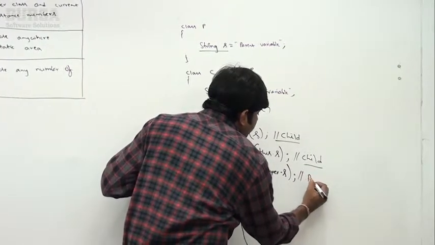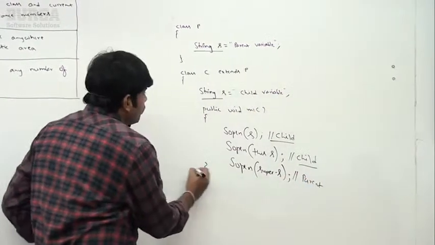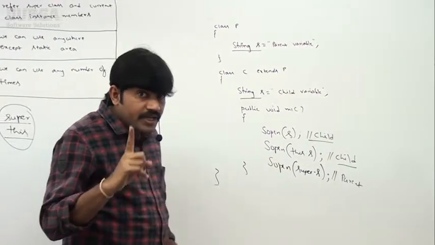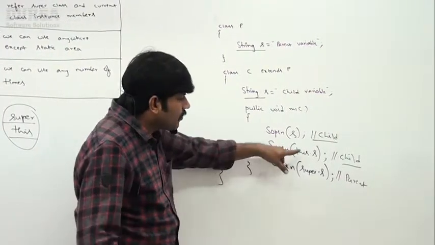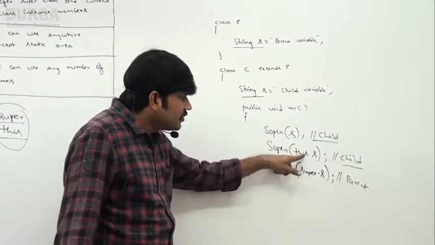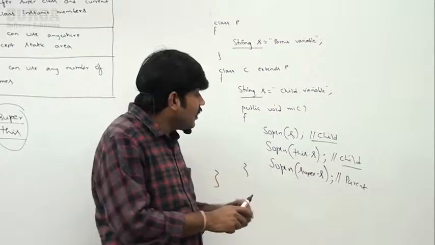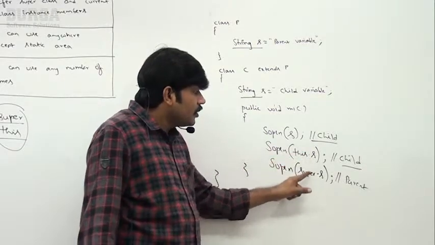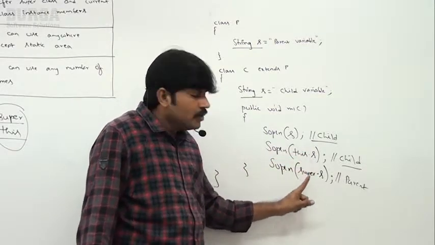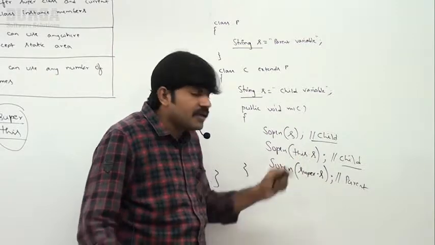Now the parent variable will come. So take very special care. What is the purpose of this and super? They are keywords to refer to the superclass instance variable and the current class instance variable.